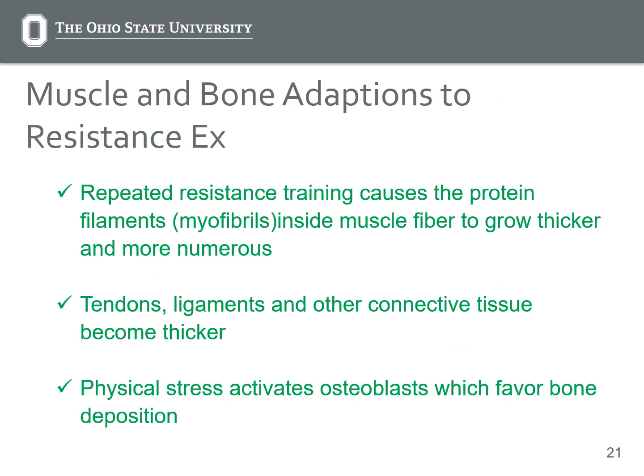Repeated resistance training causes the protein or myofibrils inside to grow thicker and more numerous. We know tendons and ligaments and other connective tissue become thicker with consistent resistance exercise. And then with that bone adaptation, that physiological stress activates osteoblasts, which favor bone deposition and/or bone growth or preservation, right? Sometimes that's not about increasing your bone mineral density, but it's about maintaining or slowing that decline, especially as we age.